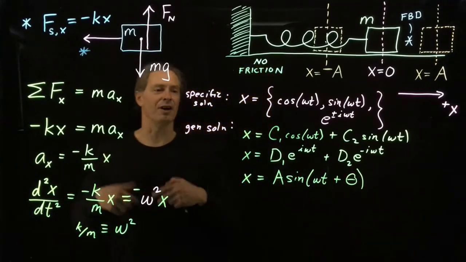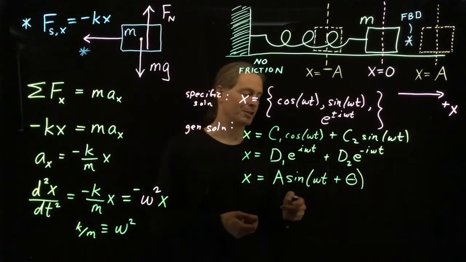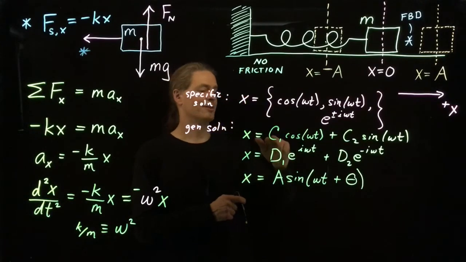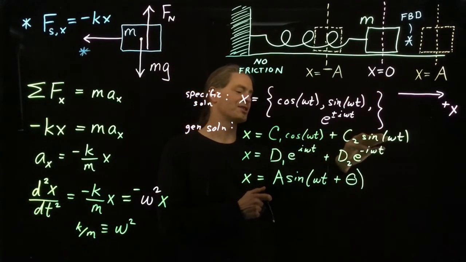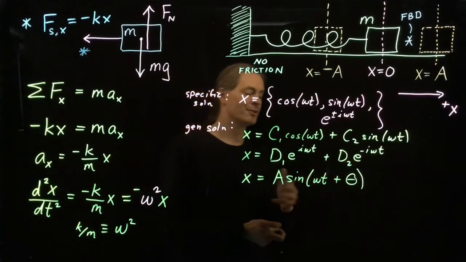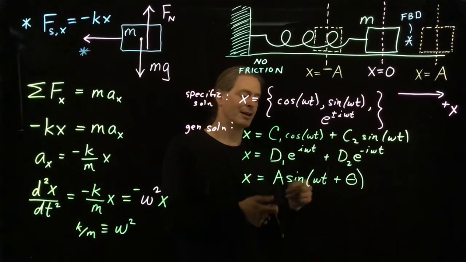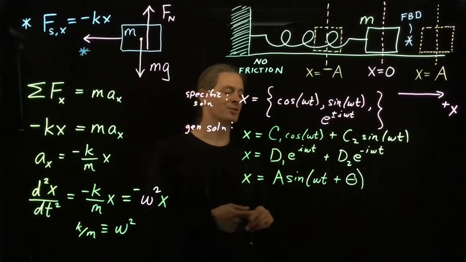So we're still satisfying that we need two arbitrary constants in our solution. A cosine and a sine can be combined to make just a sine function, with relationships between theta, A, and c1 and c2.